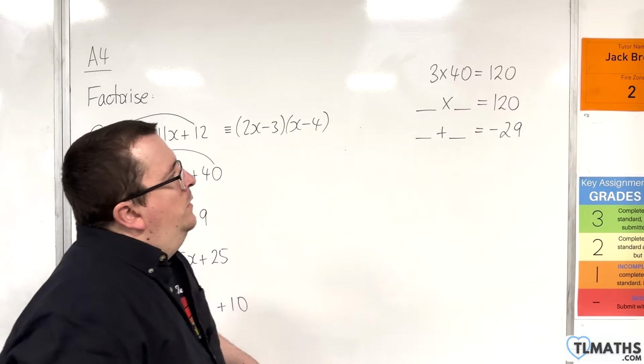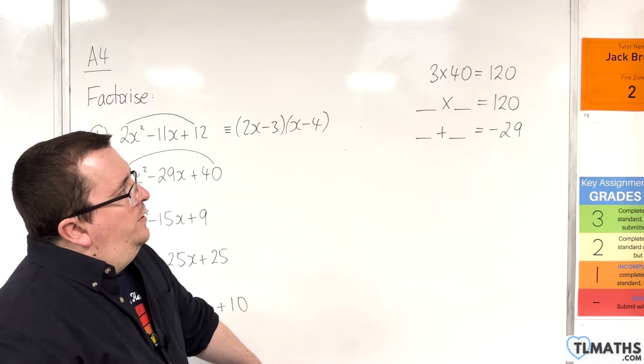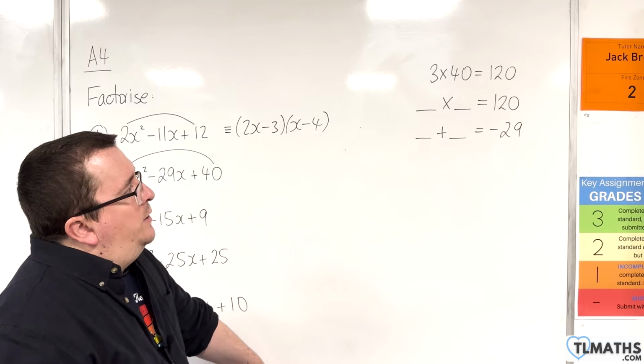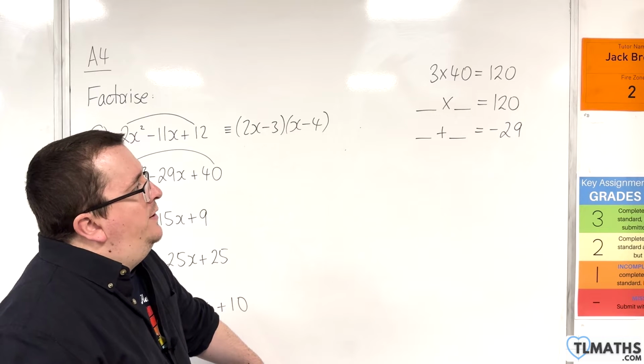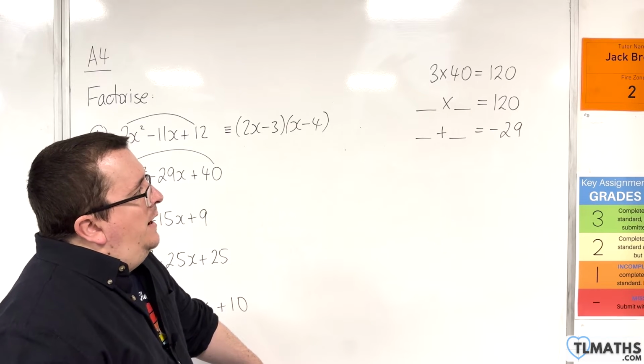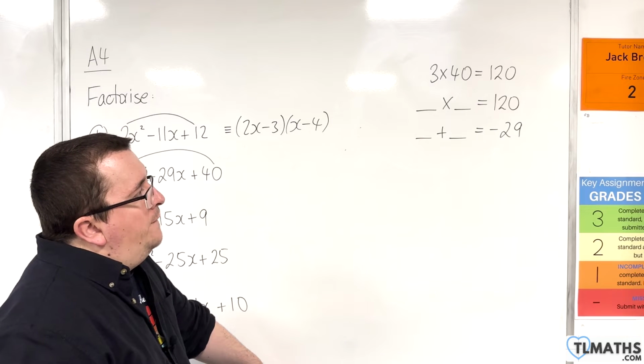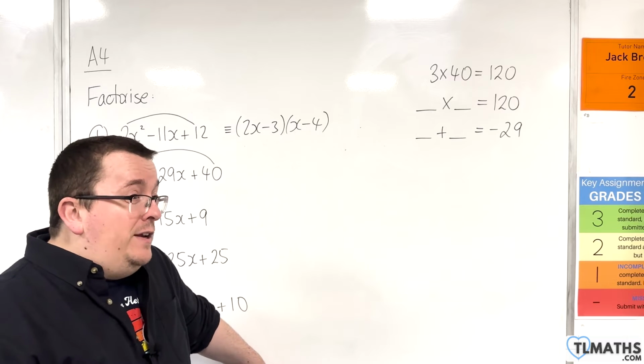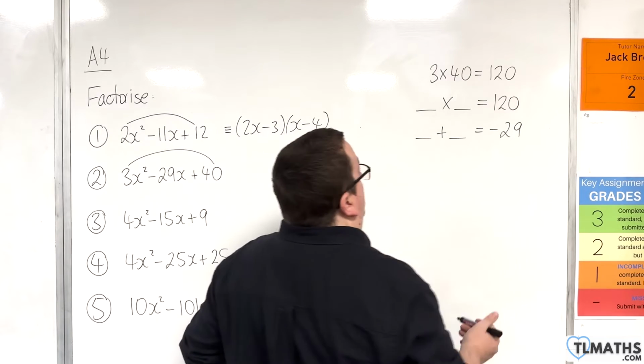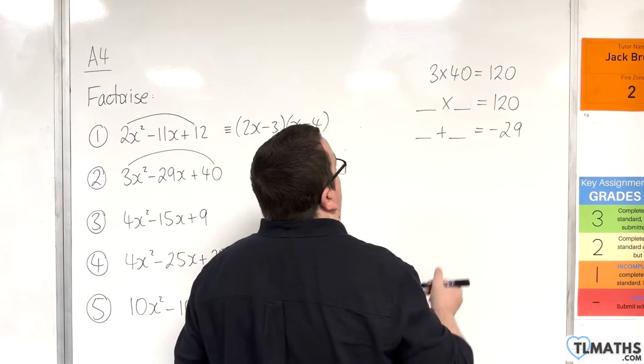So what have we got? Well, 3 and 40 don't work together, unfortunately, so we can't have that. 20 and 6 don't quite work. 24 and 5 though, so 24 5s are 120, or 5 lots of 24.